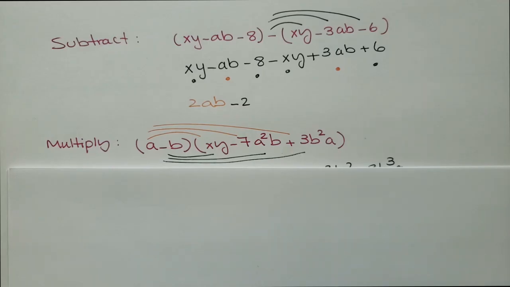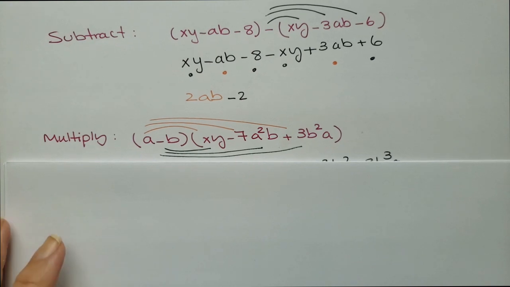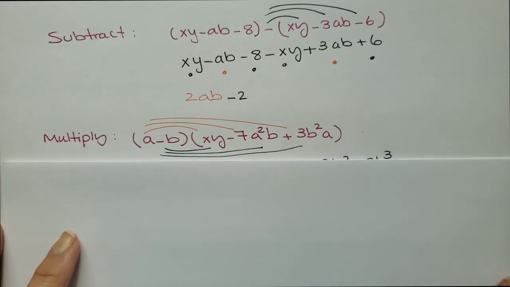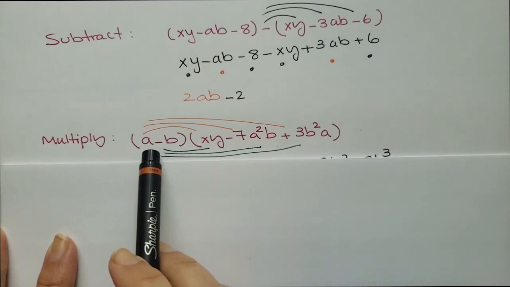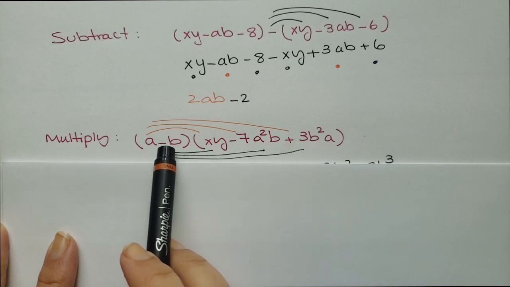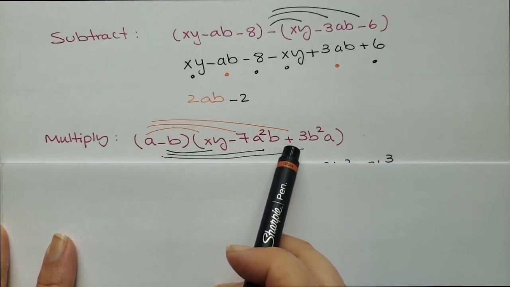In this example, we'll be doing a multiplication. Multiplication is also very important, but here we do not need to identify the like terms. In multiplying algebraic expressions, first thing, count the terms in the first bracket and count the terms in the second bracket.